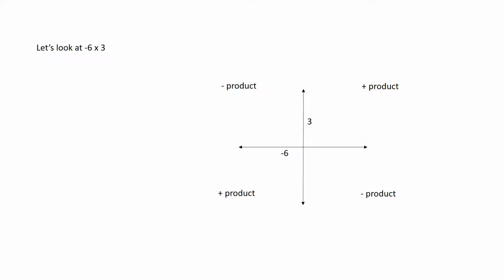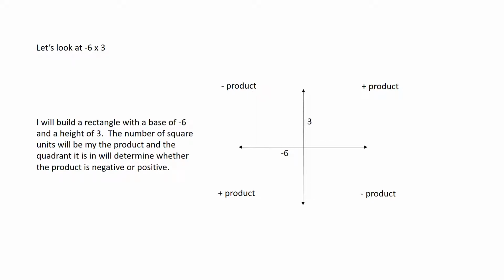If I put the negative 6 here, where a negative 6 would be on a number line, and positive 3, then I want a base of negative 6 and a height of 3. So here I have a base of 6 units across and 3 units high. Now I'm in this quadrant, so I have a negative product. So it's negative 18.